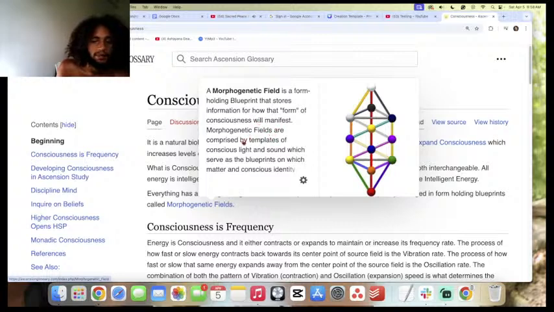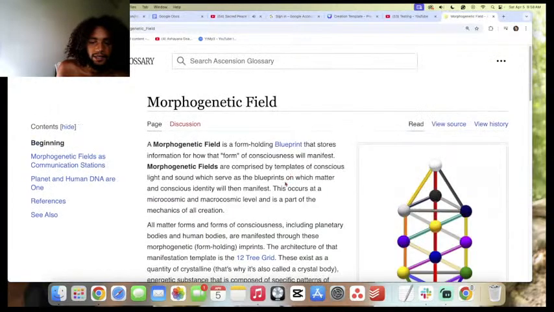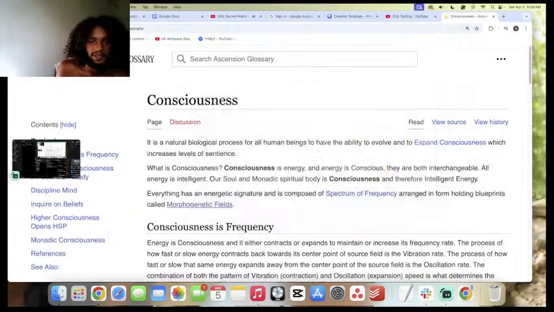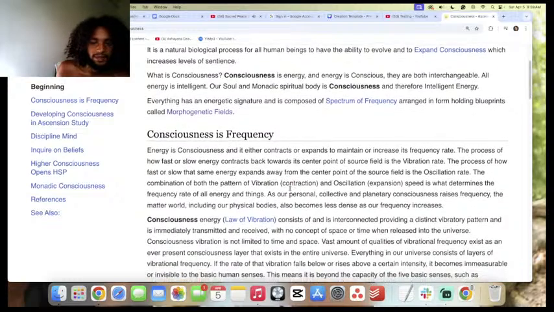Morphogenetic fields are comprised by templates of conscious light and sound, which serve as the blueprints on which matter and conscious identity manifest, is most likely what they're going to say. Let's see. Wait, why y'all not letting me go in here? Yeah, then manifest. I was correct. So yeah, I'm going to go back to consciousness though, because we're not at the morphogenetic field yet.